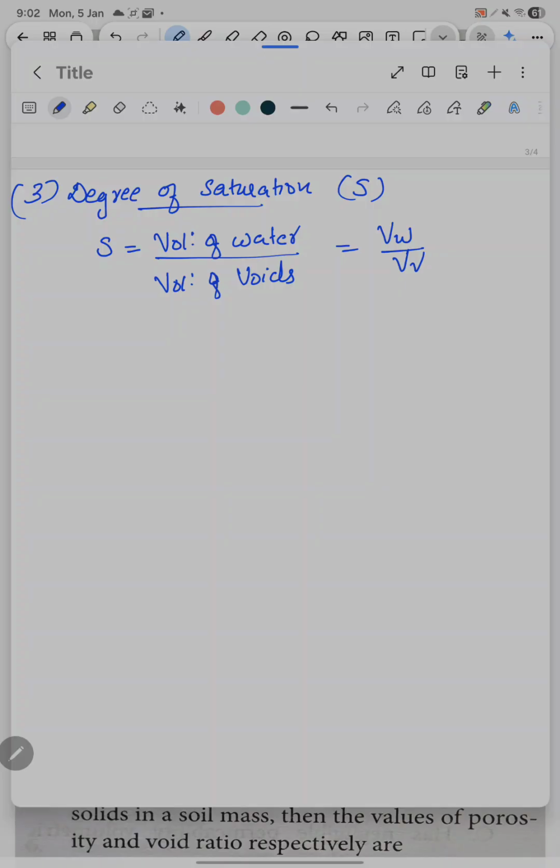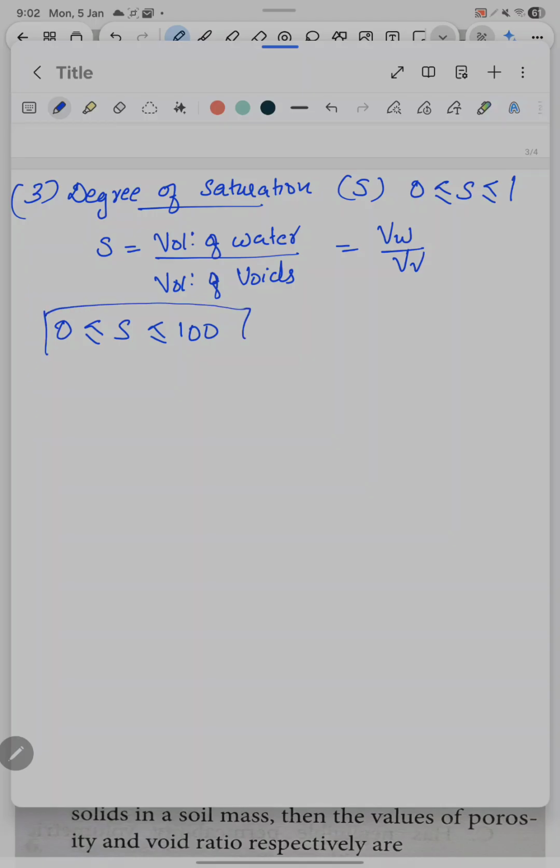Here the value varies from 0 less than or equal to S less than or equal to 1. In case of percentage, we can write 0 less than or equal to S less than or equal to 100. So this is the range of degree of saturation.